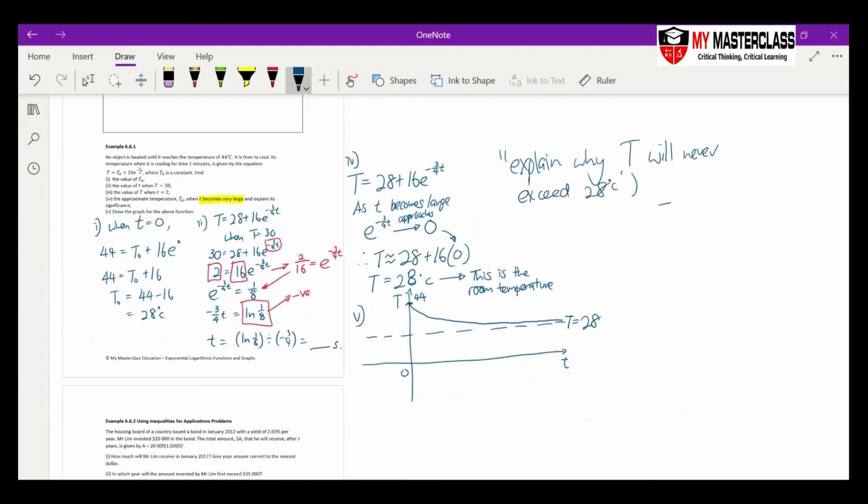You cannot just say that it is the room temperature. You must also talk about t becoming large. Sometimes they may ask you, explain what happens to the temperature in the long run, or after a long period of time. There are other ways of explaining it.